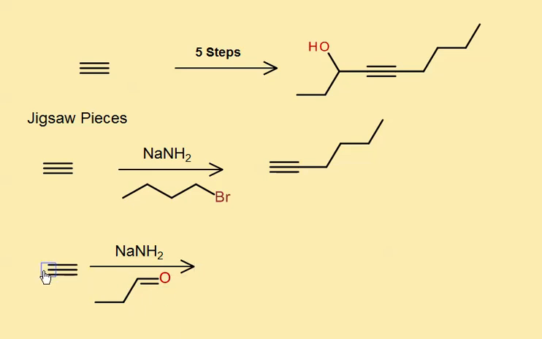That acetylide ion produced would use its electrons to attack the carbon at the bottom end of the carbonyl bond, and that would pop open the pi electrons and send them back to the oxygen.